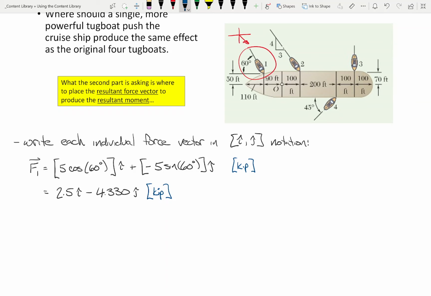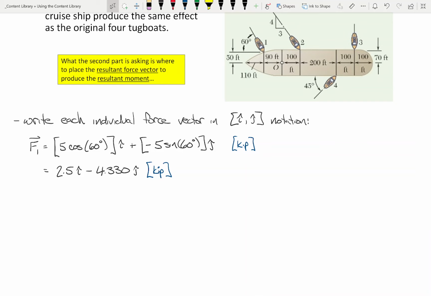Is that fair? All right, so let's keep going. Now, let's talk about F2. Notice how F2 is written in this 3-4 slope ratio, right? So if it's 3 and 4, what's the hypotenuse? 5.